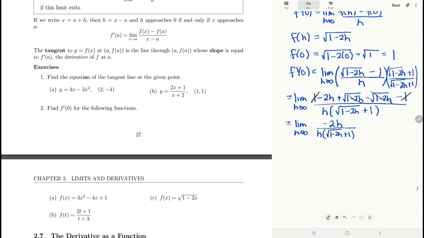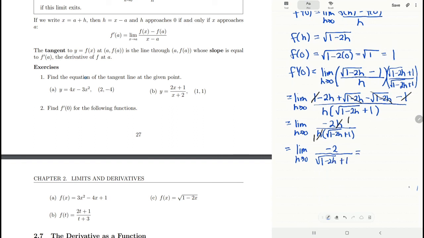So now we can cancel the factors of h. So we're left with the limit as h goes to 0 of negative 2 over root 1 minus 2h plus 1.